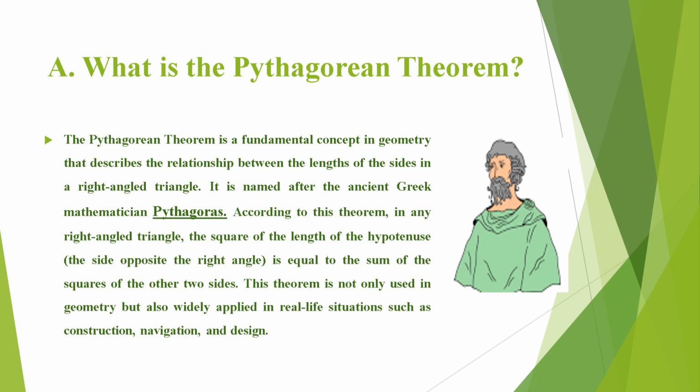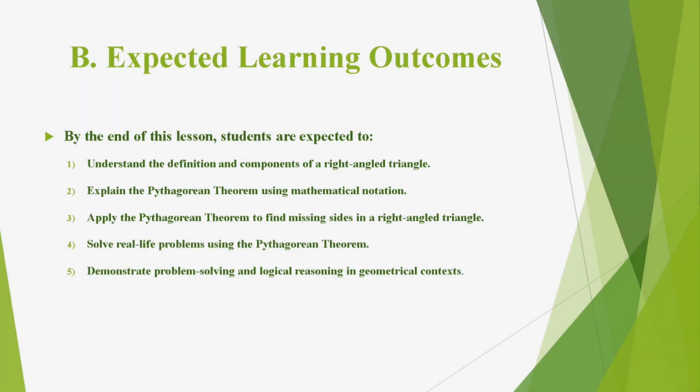According to this theorem, in any right-angled triangle, the square of the length of the hypotenuse, the side opposite the right angle, is equal to the sum of the squares of the other two sides. This theorem is not only used in geometry but also in real-life situations such as construction, navigation, and design.